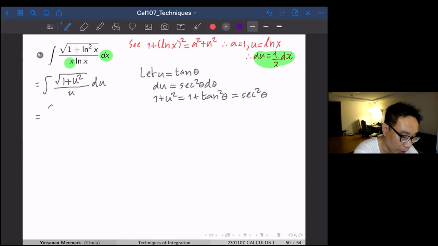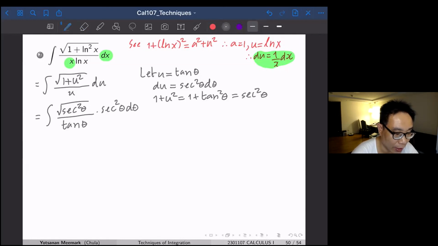So this will become square root of secant squared, and u in this case is tan theta, and you have secant squared theta d theta. So you will obtain secant theta times secant squared over tan theta.